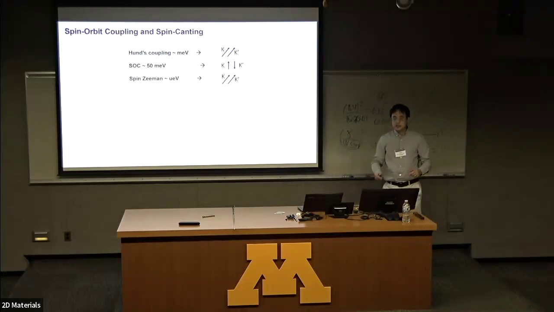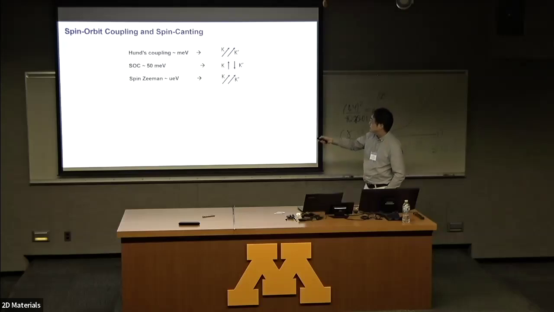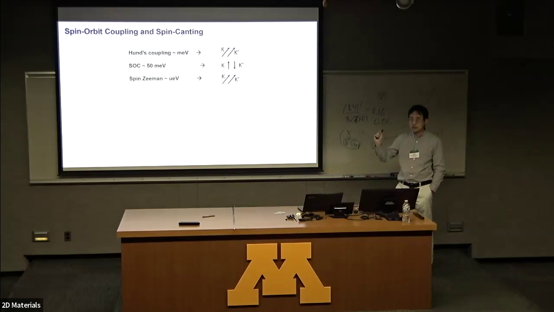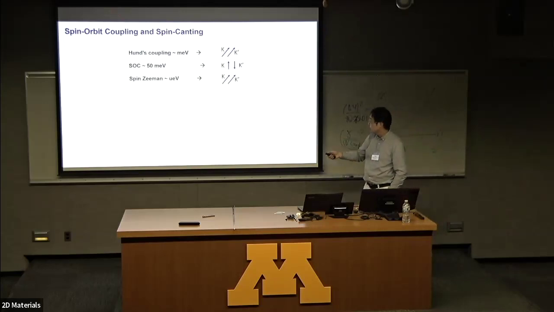Different work estimates range from 50 to, I think Ali's experiment suggests, maybe 100 micro eV. But that's much smaller than the Hund's coupling. And the weakest is the Zeeman energy, either spin or valley. They are even smaller. Spin at a single-digit millitesla is actually sub micro eV, and valley Zeeman is probably on the order of micro eV.